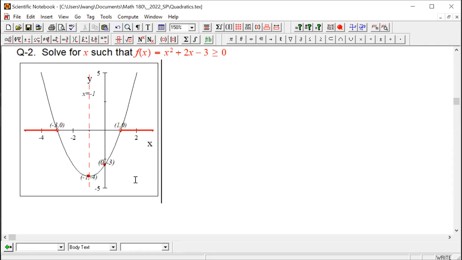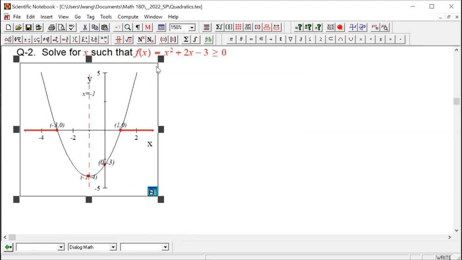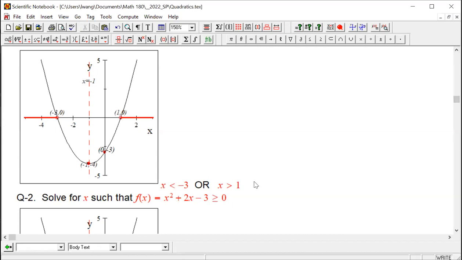Well, we're going to have to change it to 2 dots. So this is going to be a dot, and that's going to be a dot. So we want to be positive or 0. So this time the solution will become what?